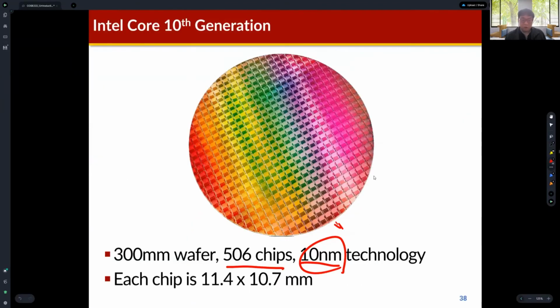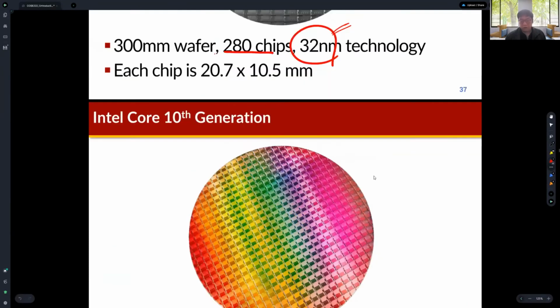But this is a recent chip. The wafer size is the same, 300 millimeter wafers, and there are about 500 chips. Why? The chip size is reduced, and each chip is fabricated in 10 nanometer semiconductor technology.